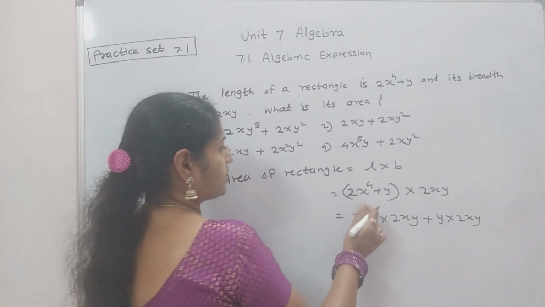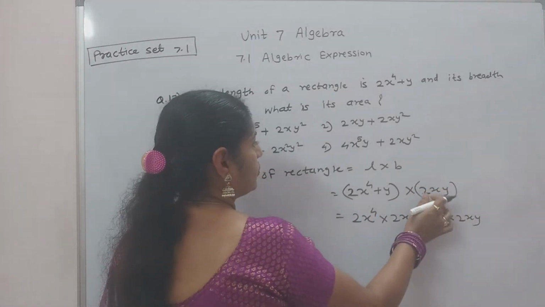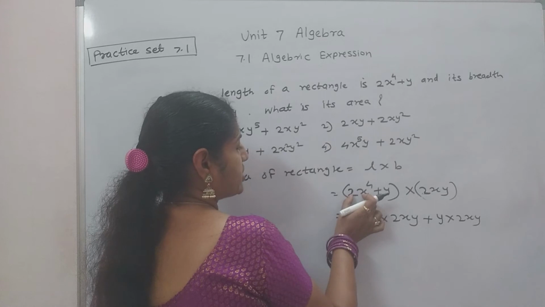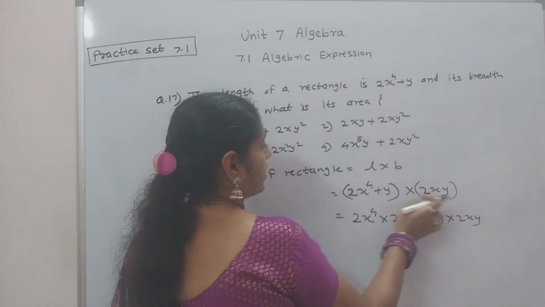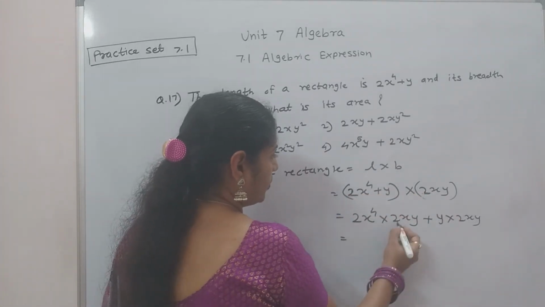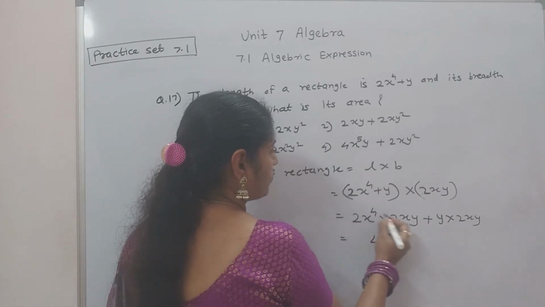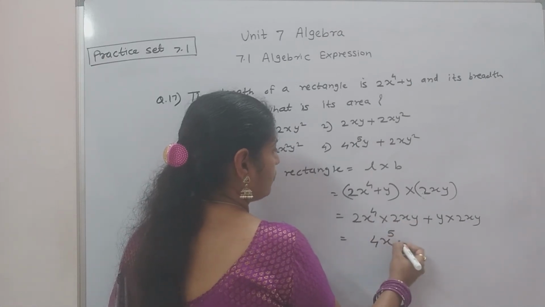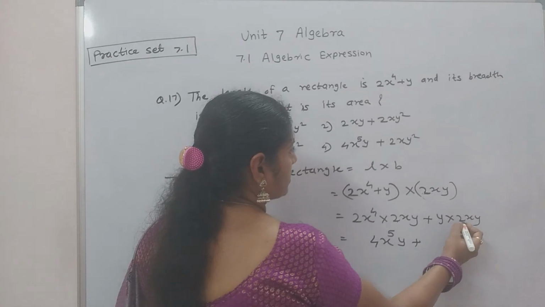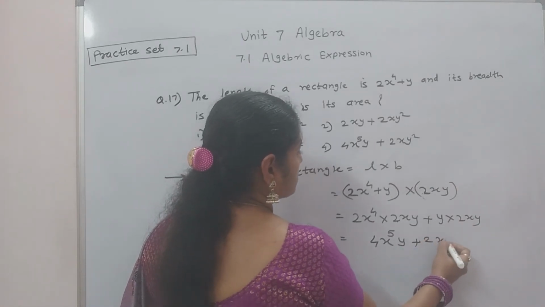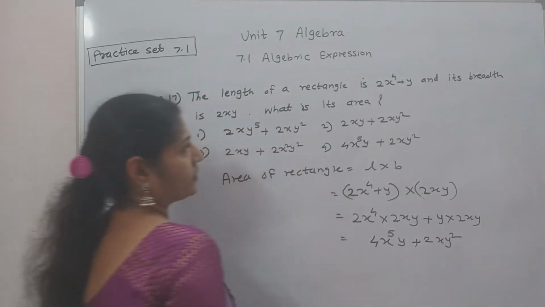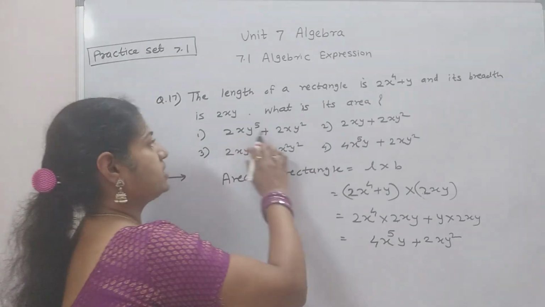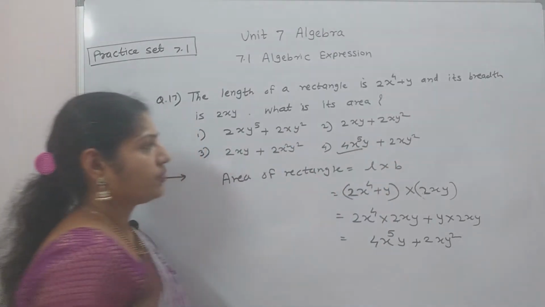Multiplication of these two terms, 2xy into 2x raised to 4 plus 2xy into y. 2 into 2, 4, x raised to 4 into x, x raised to 5y, plus 2xy square. So our answer is option number 4.